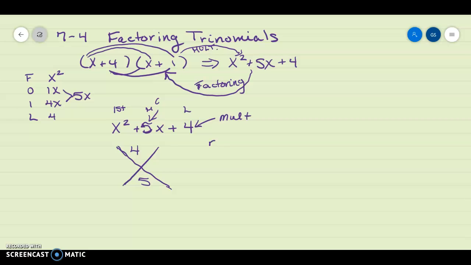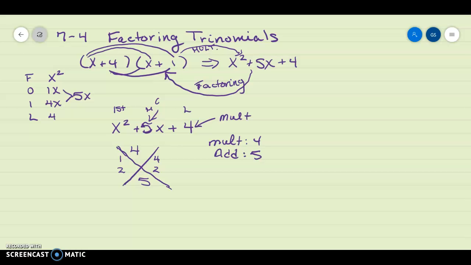So multiply to 4 and add up to 5. The sum is 5. Okay, so let's do this. Factors of 4. Well, there's 1 times 4, and there's 2 times 2. So 1 times 4 is 4, and 2 times 2 is 4. They both work. Now I go down to the bottom, and I have to make sure those two numbers that multiply to be the last also add up to be the middle number.